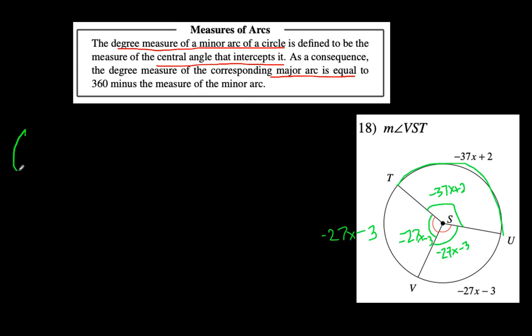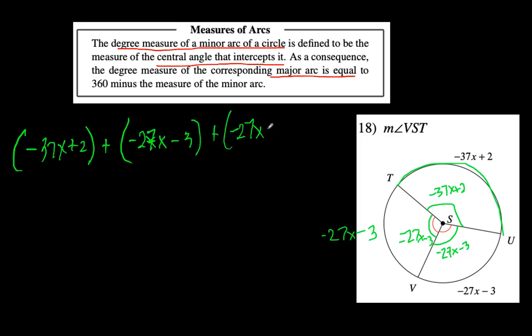So that's negative 37x plus 2 plus negative 27x minus 3, plus another negative 27x minus 3, is equal to 360 degrees.